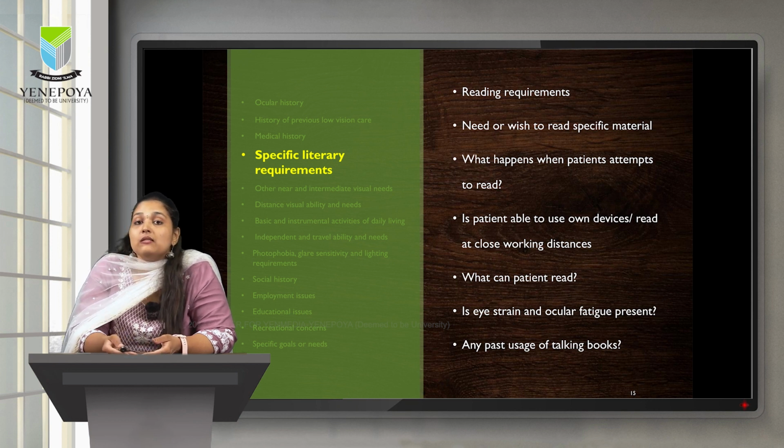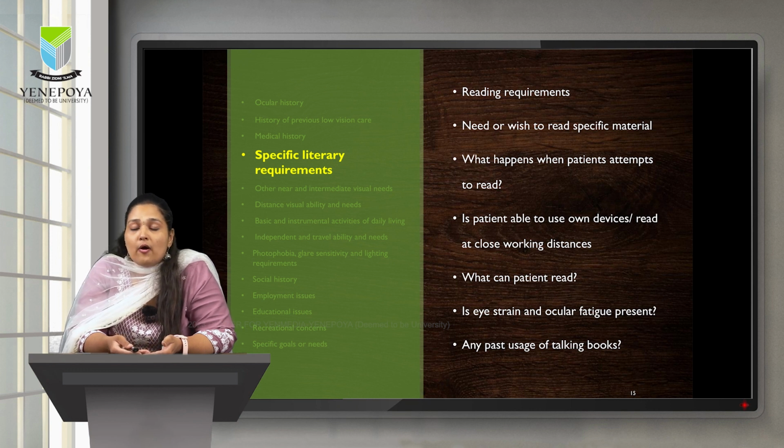For example, the newspaper headings or the newspaper content or Bible content, which will have very small point size, letter size. So, depending upon what the patient is reading exactly, we need to know. For children, I usually ask the parents to get their textbooks or notebooks so that I can know the print size.